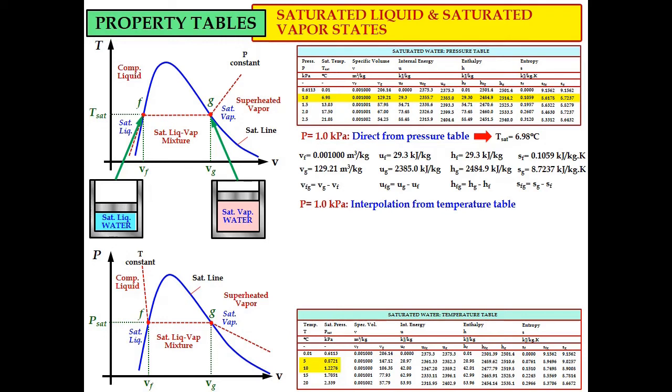If you look at the saturated water table based on temperature, the pressure 1.0 kilopascal is actually in between 0.8721 and 1.2276. So if you want to obtain the value of temperature, you need to make an interpolation between the pressure data and the temperature data. And if you want to determine the specific volume data, you need to make an interpolation between the pressure data and the specific volume data, and so on.